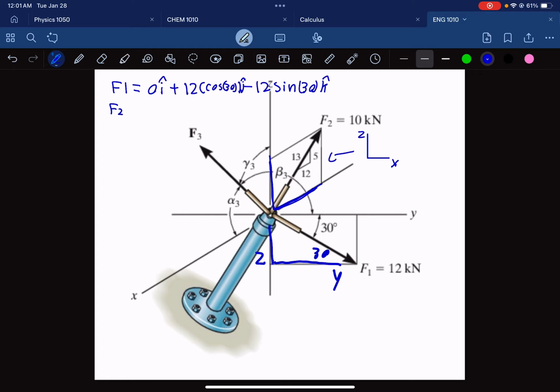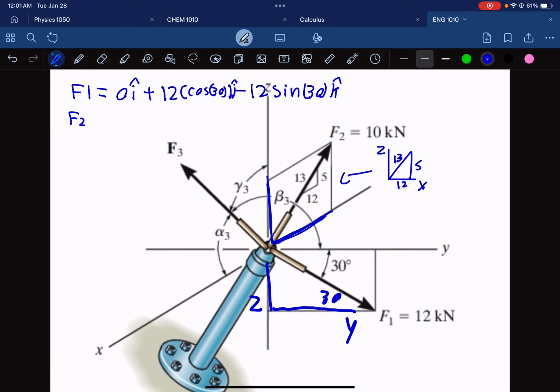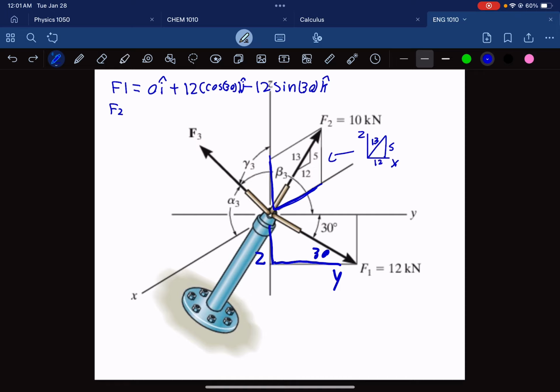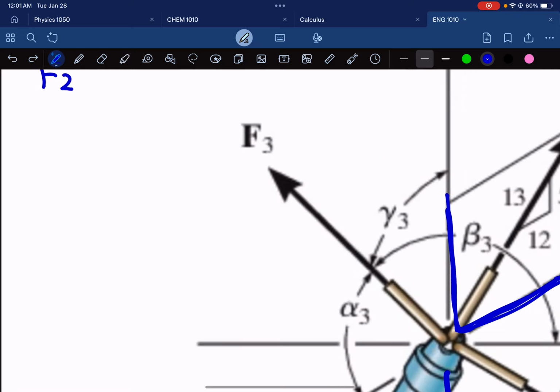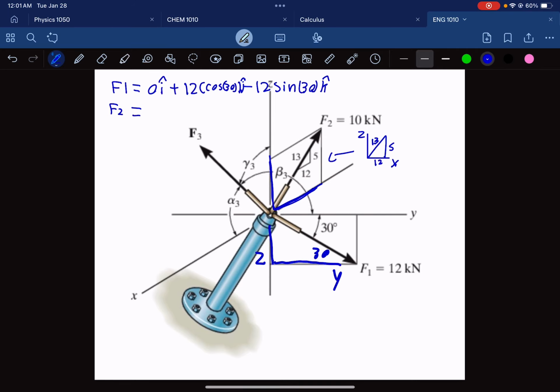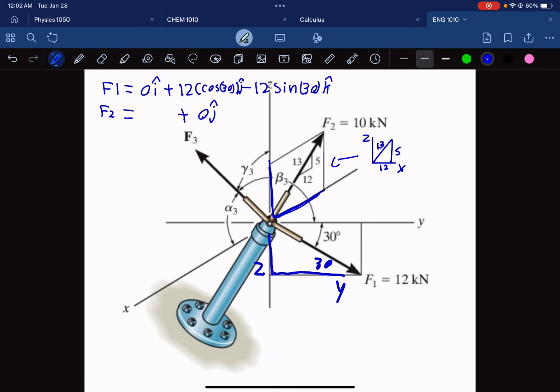And then we want to draw our triangle, and it already gives us the numbers, so we don't need to mess around with any angles. And we know it's 10 as the magnitude. So now we go and draw it out. We know that j is 0, so we go plus 0j.